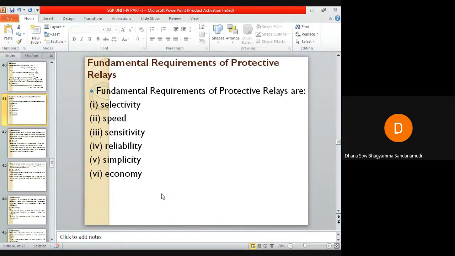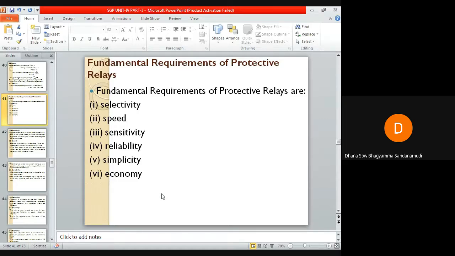Now, the protective relay that is used for sensing the fault must be able to select correctly the part of the system where fault has occurred, and disconnect the faulty part without disturbing the rest of the system.